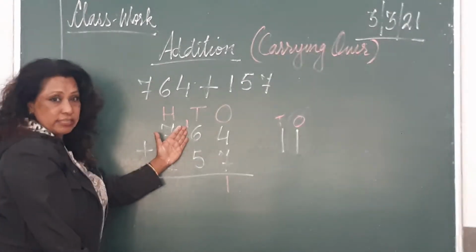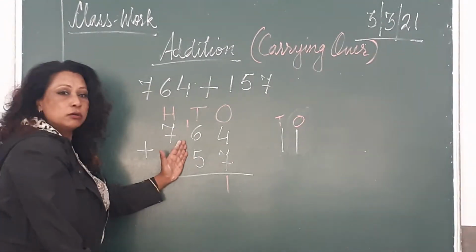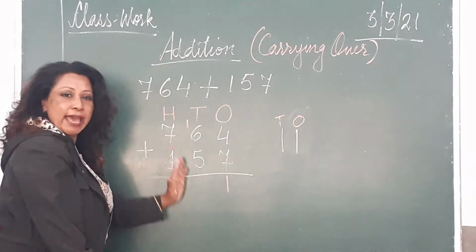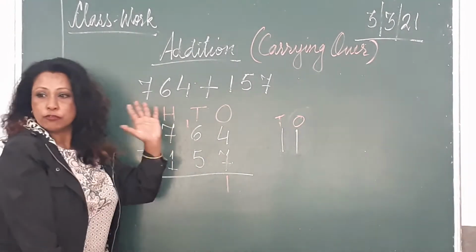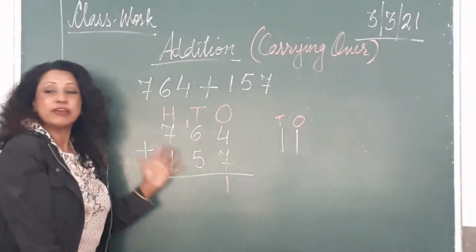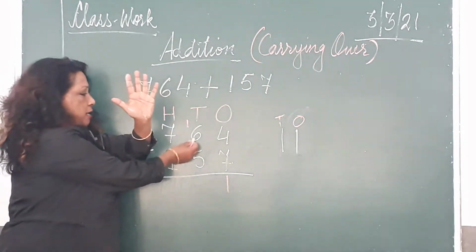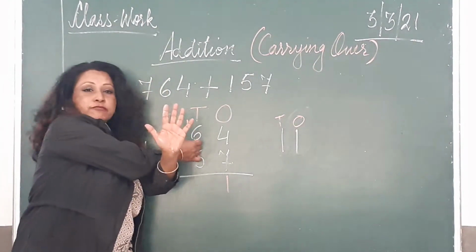Now don't look at this carryover. Look at the numbers which are already there. So what are the numbers which are already here? 6 and 5. Alright. Out of 6 and 5, which is small? 5. So take out 5 on your fingers. And the big number you keep here and start counting from the bigger number.